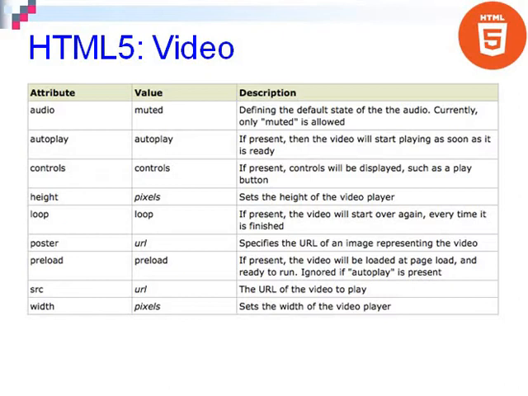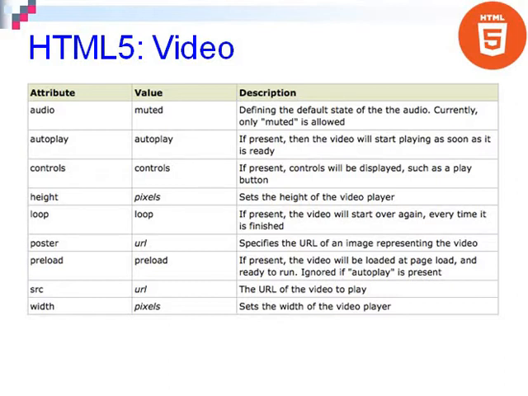Height. Height of the video player. Loop. The video will start over again every time it is finished. Poster. Poster contains a URL value which specifies the URL of the image which is representing the video. Then another attribute is preload, which takes the value preload.